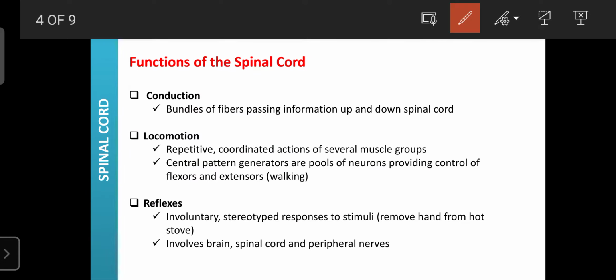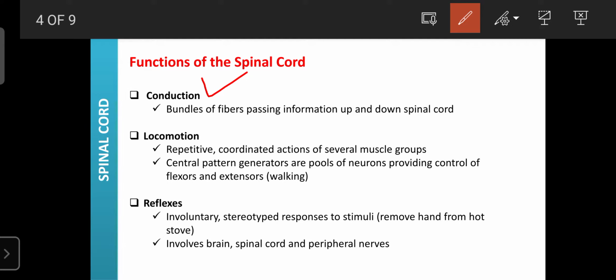So now we learn about the functions of the spinal cord. The spinal cord plays an important role in the conduction of impulses both up and down, towards the brain as well as downwards. It is involved in both the ascending pathway as well as the descending pathway, because it mainly consists of ascending nerve fibers as well as descending nerve fibers.